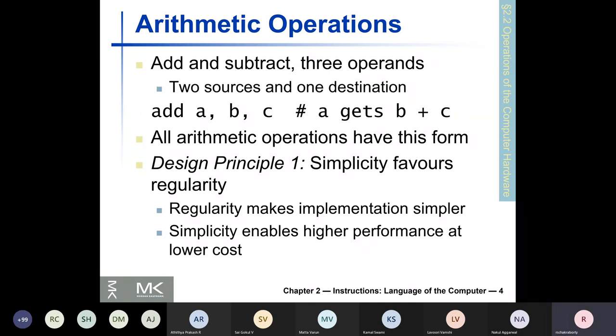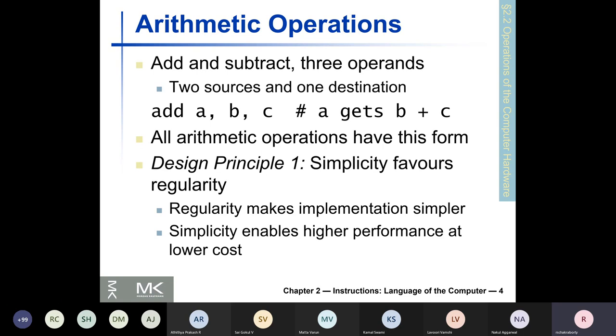In MIPS, the operand which is written on the left hand side of the list of operands, okay, that is the destination. So here A is the destination, B and C are the sources. Okay, so A gets B and C, A equal to B plus C in C terminology. That is what is happening here.